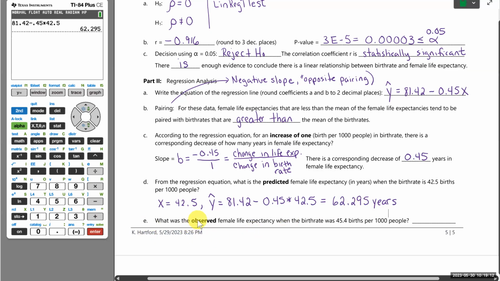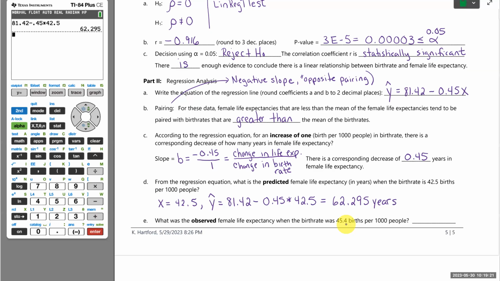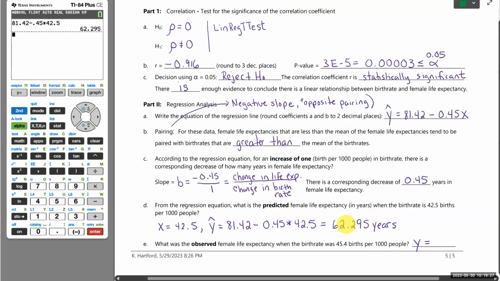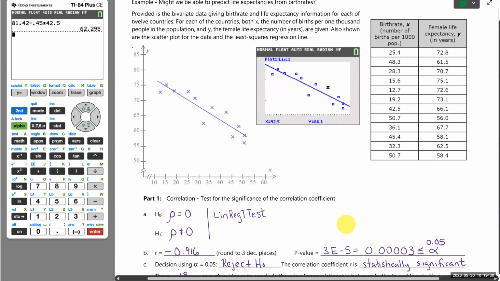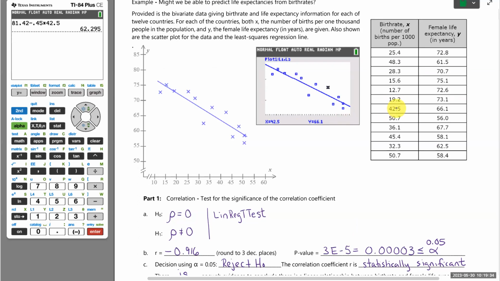But we did actually observe a country in our data that did have a birth rate of 42.5 births per 1,000 people. So that value is Y, what we observed in the data. And so I have to scroll up here. So there's my 42.5.